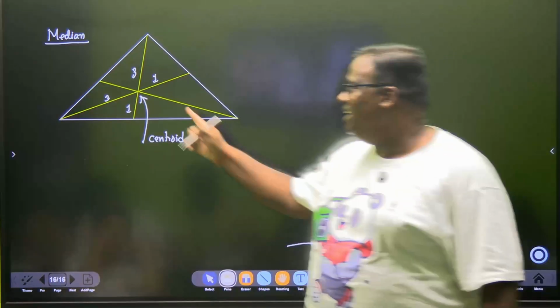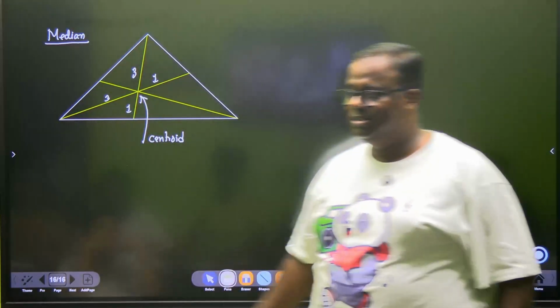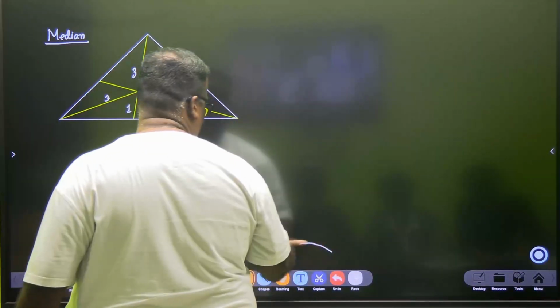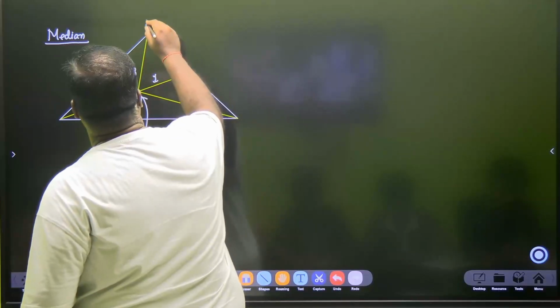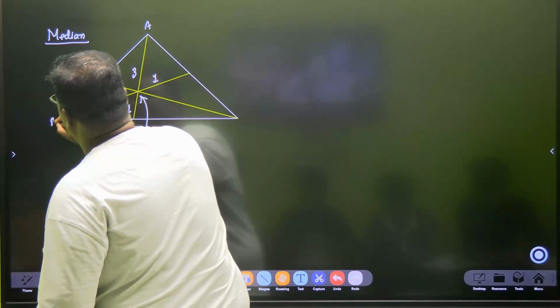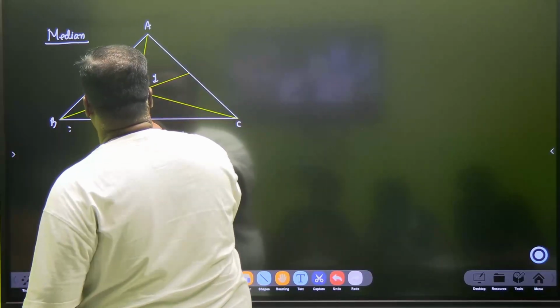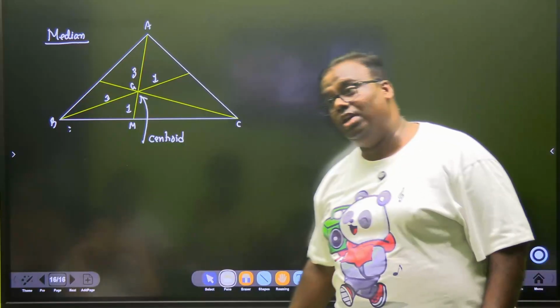Sir, why are you using this? Because this point again qualifies as a section formula problem, and you will get stuck. Say this is my triangle ABC, and say G is the centroid, and this is M. So G divides AM in the ratio of 1:3.